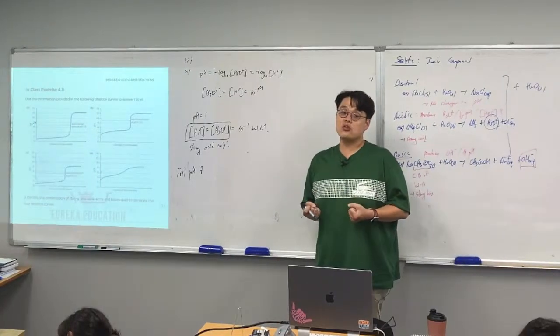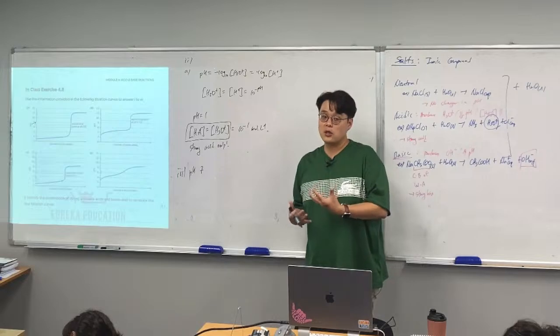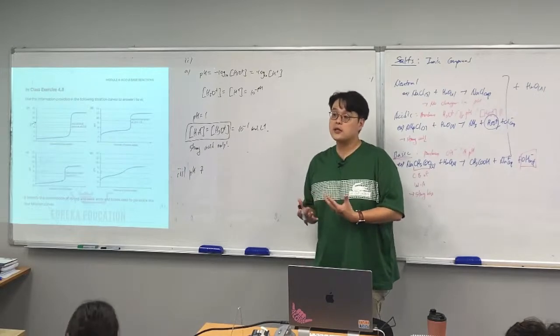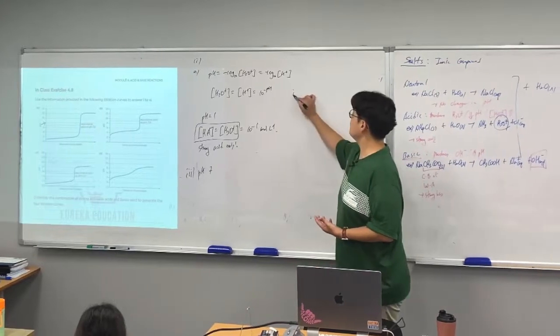So at the equivalence point, after we neutralize all the hydroxide ions, there will still be excess hydrogen. So let's write it down.